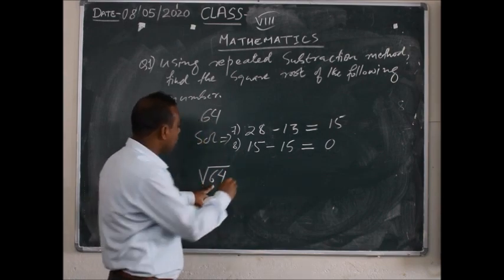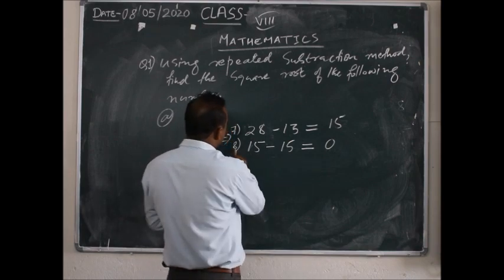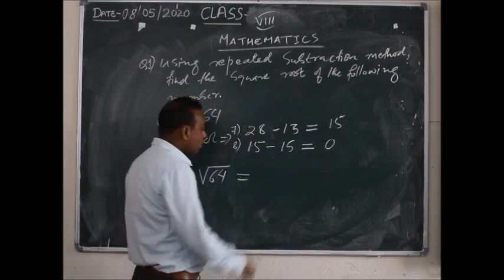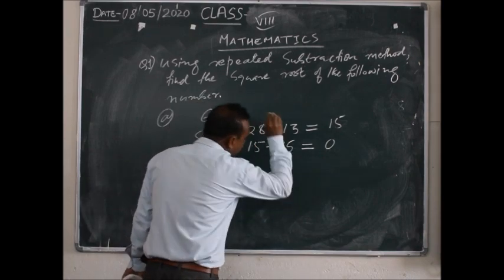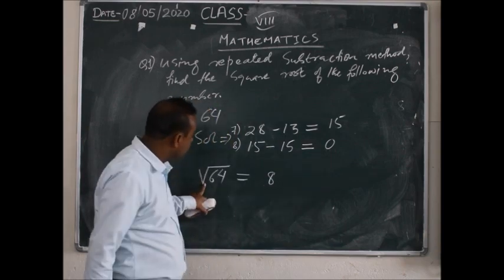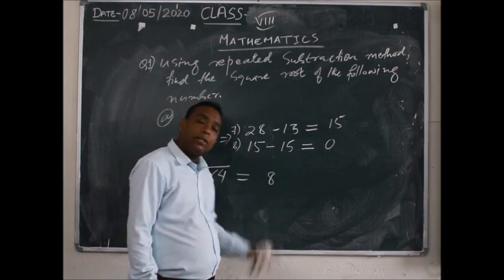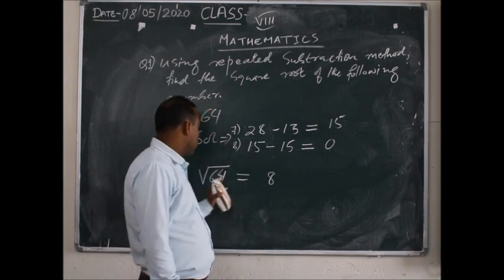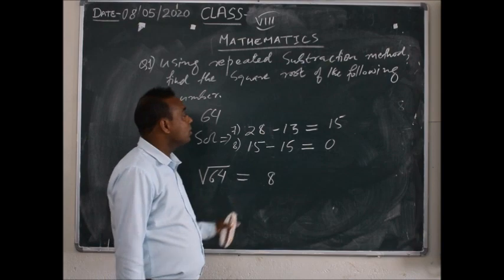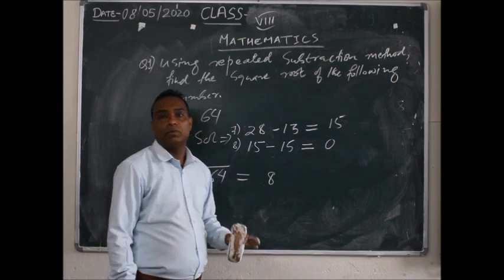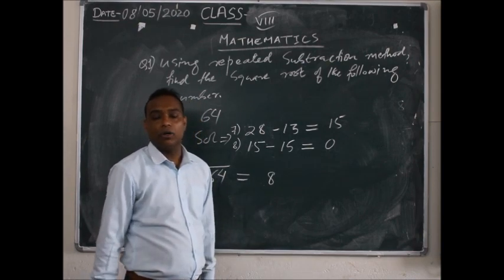The square root of 64 is equal to the number of steps we got, 8. So the square root of 64 is 8. This means that when you multiply 8 two times, 8 into 8, that is equal to 64. This is the repeated subtraction method to find the square root.